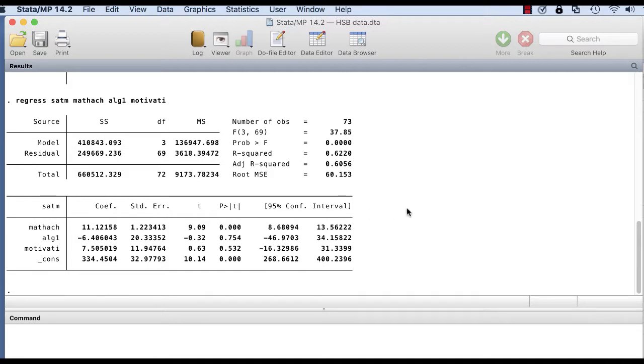This is the variability that's explained in scholastic aptitude math scores by these three independent variables. And the residual is the error. That's what's left over, the unexplained variability. The analysis, of course, is significant.